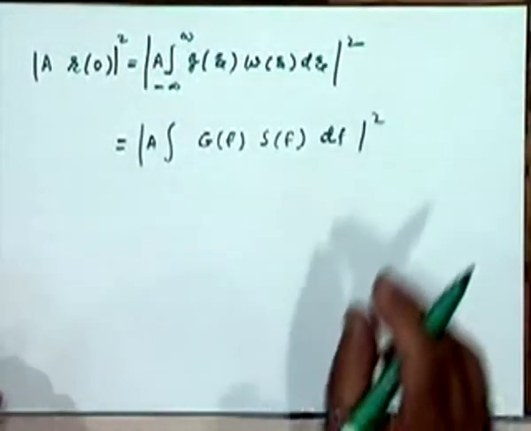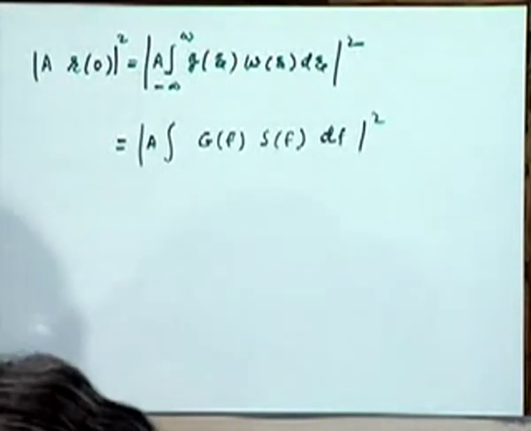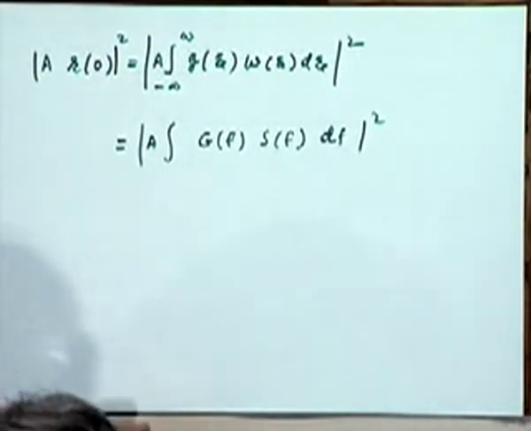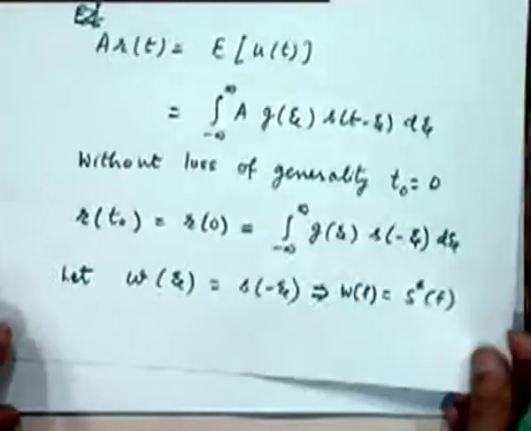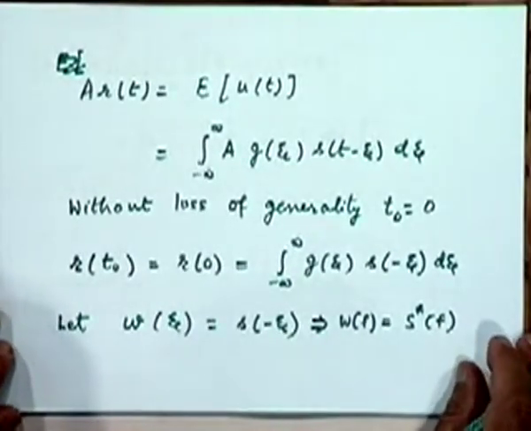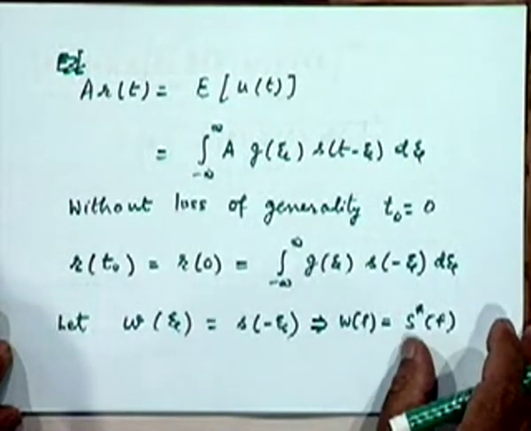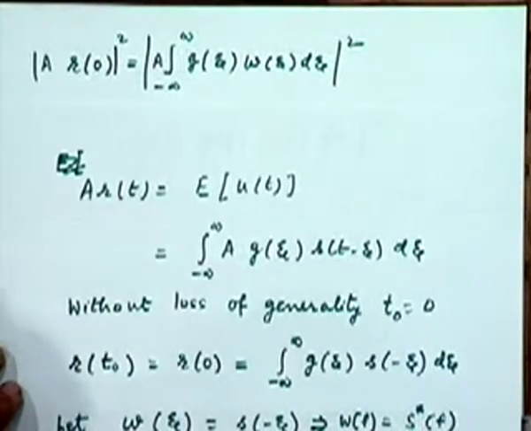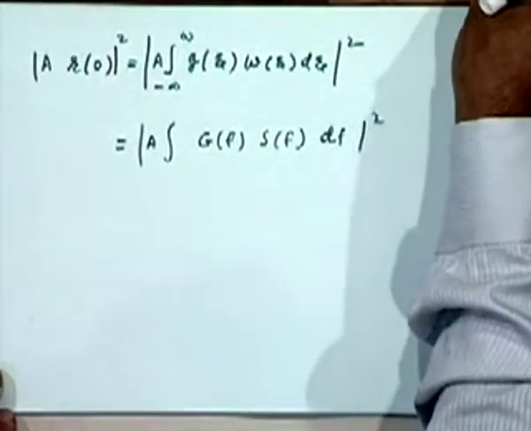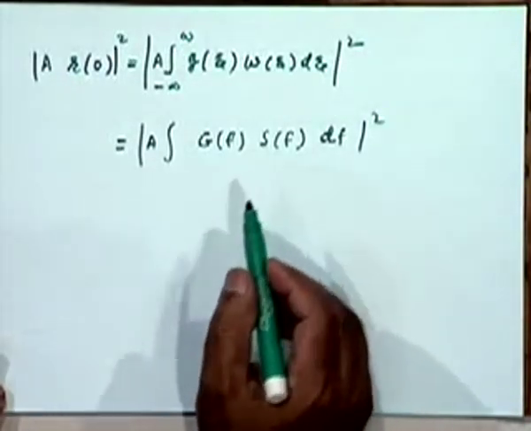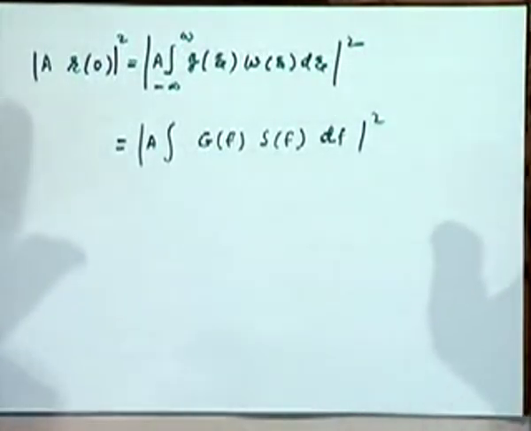It is S(f), not star f. Correct. We have not made any mistake, because W(f) is equal to S star(f), so twice you have taken the star, star of star. Yes, star of star, right. That is how it is. So this is the final answer, which I could have easily obtained directly, intuitively.